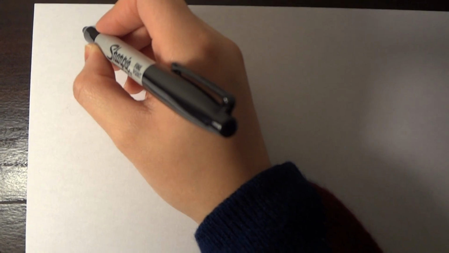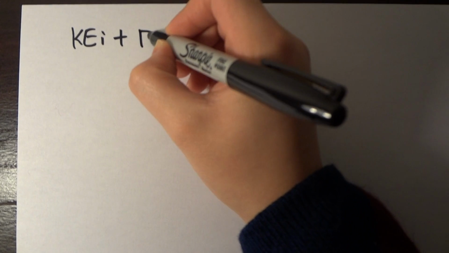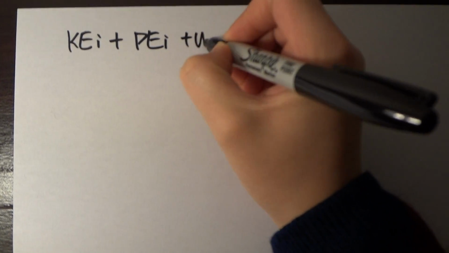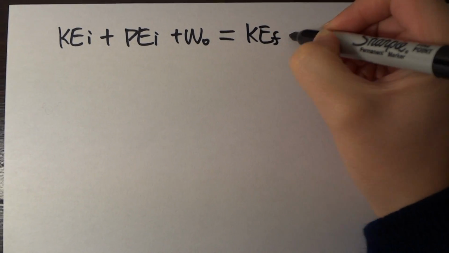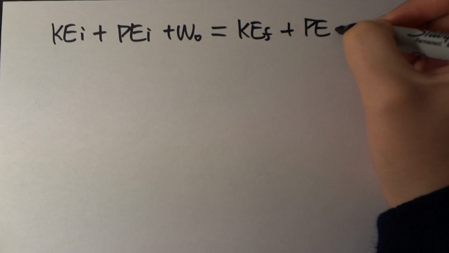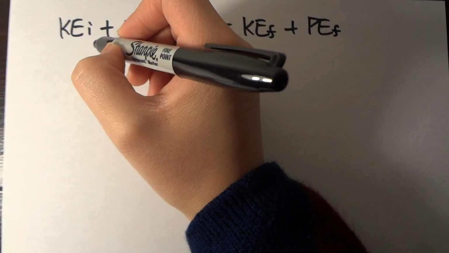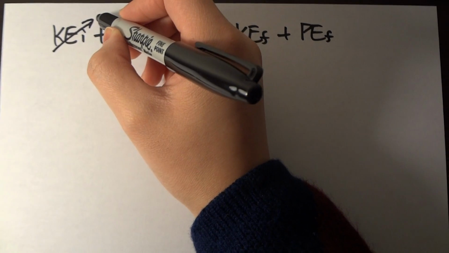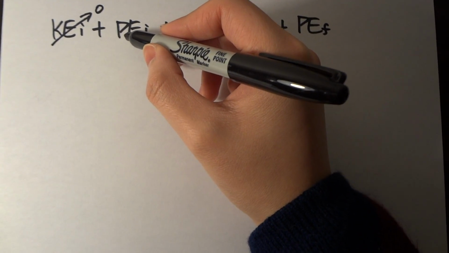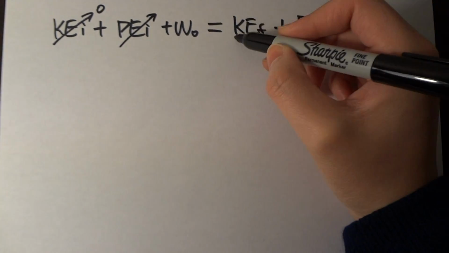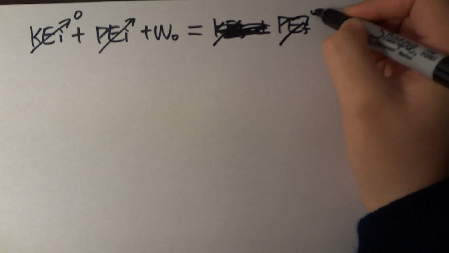Let's use the energy equation. Initial kinetic energy plus the initial potential energy plus the work done by others is equal to final kinetic energy and final potential energy. For the block, it was at rest, so the initial kinetic energy was 0, and the block is not accelerating up and down, so the potential energy is 0.